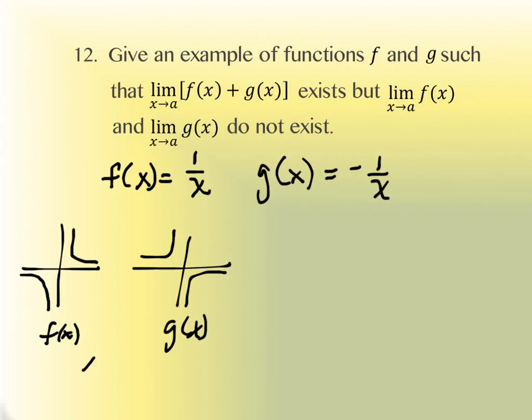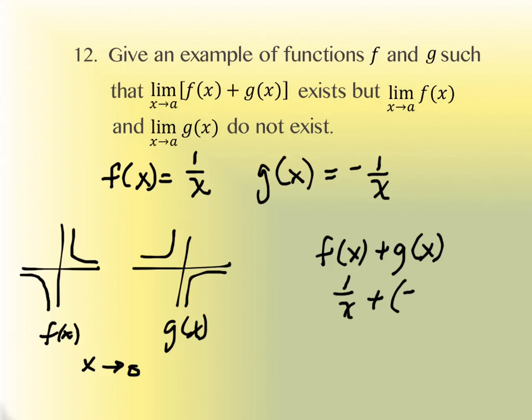And as x approaches a, and we're going to let that be 0 in this case. As x approaches that y-axis, I have an asymptote, so the limit does not exist on either function. But what happens when I add f of x and g of x together? I get 0, don't I? 1 over x plus 1 over negative x, or negative 1 over x.